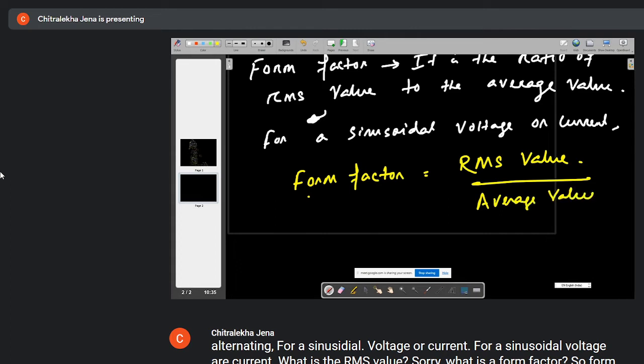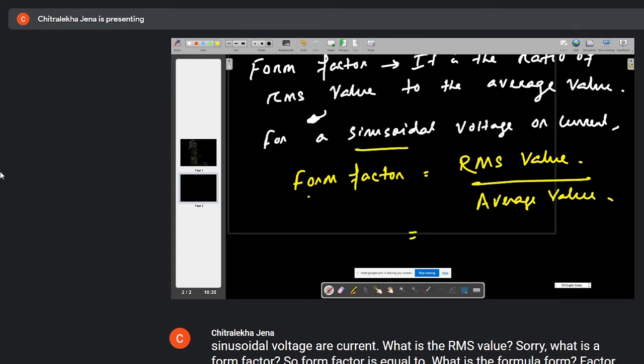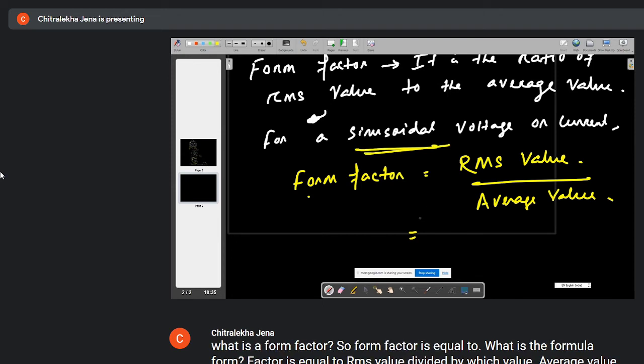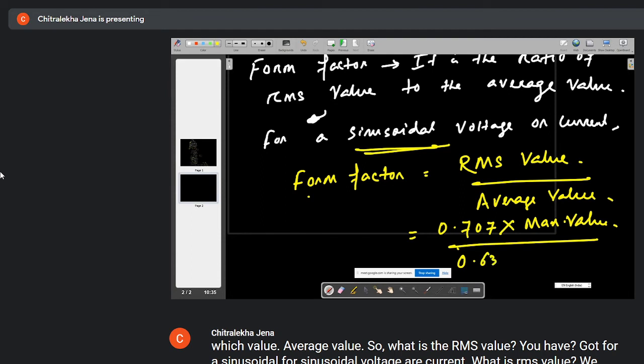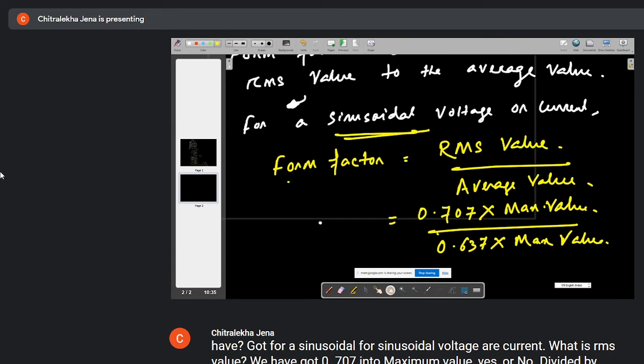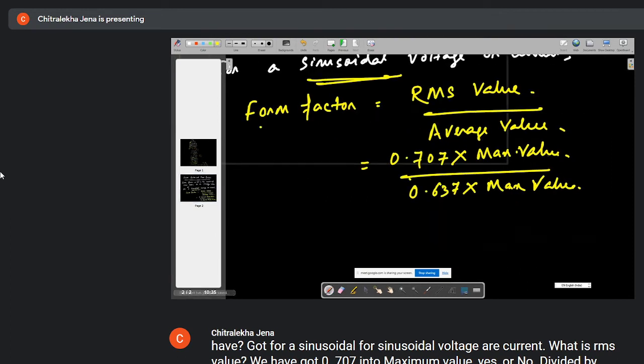So what is the RMS value you have got for a sinusoidal voltage or current? 0.707 into maximum value, yes or no? Divided by average value. How much you have got? 0.637 into maximum value. So if we find out this ratio, this will be equal to 1.11. Clear to all of you?